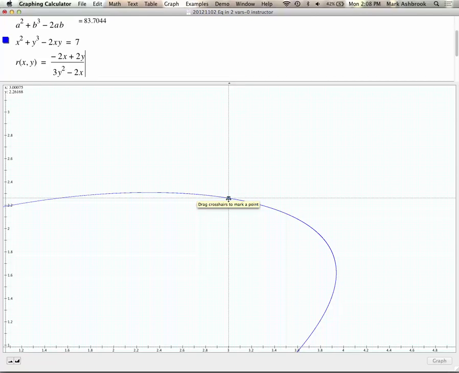Okay, so we got this point right here. X equals 3. Y equals 2.2617. That is an ordered pair that satisfies the original equation, and therefore it's a point on the curve.